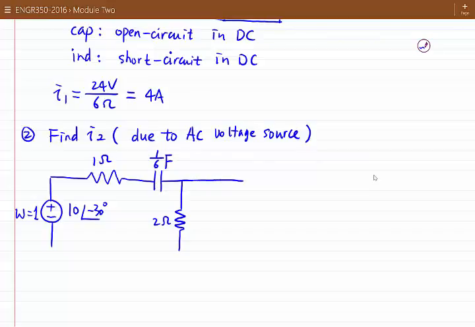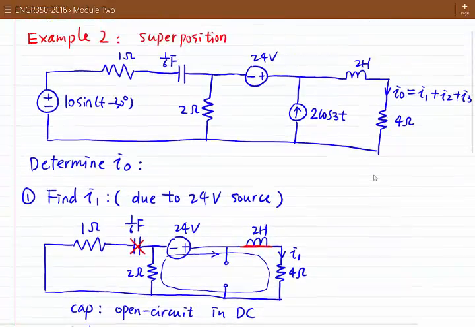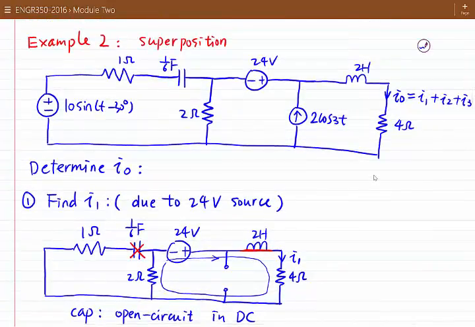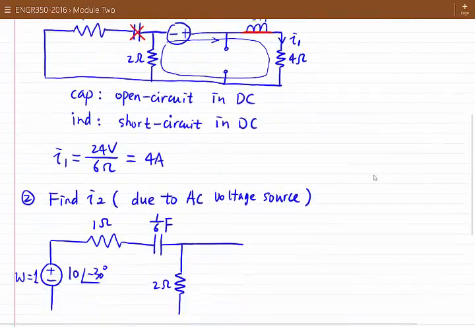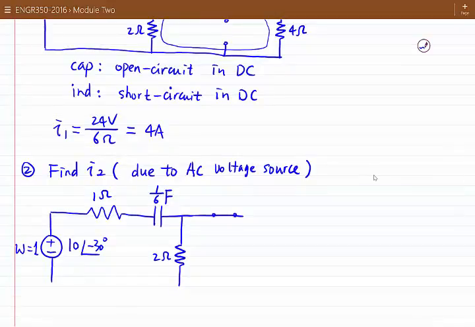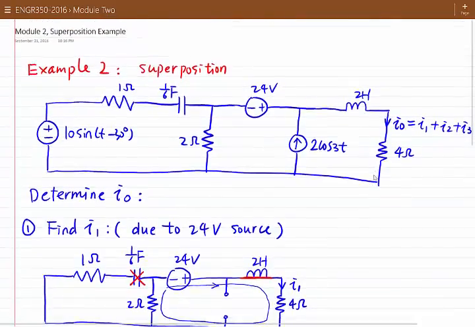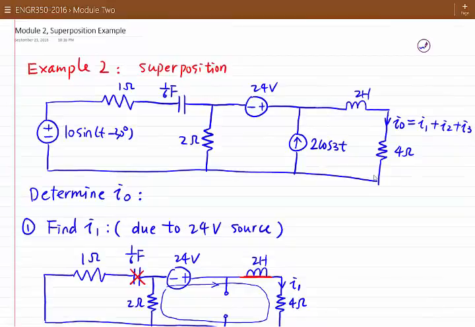So let's look at the circuit. If we turn off the DC voltage source, it will be a short circuit. That means the DC voltage source is a short circuit. And then we have the AC current source. We should turn off the AC current source according to superposition.